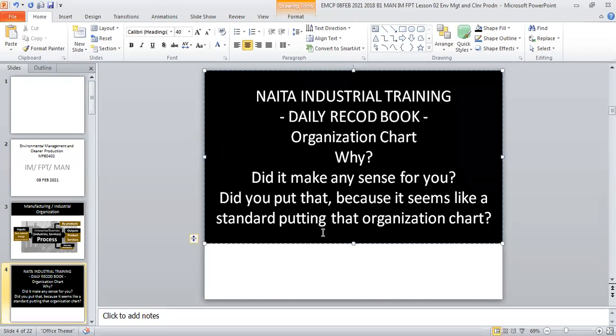So even this page would be very useful to you when you are going for the training in your next semester. Next semester, of course, is semester 5, but semester 6 came in advance. So for your next session, having this knowledge may be an advantage. What's the purpose of putting this? Even NAITA officers have not much sense of the purpose of this. So what's the use of having this organization chart knowledge?